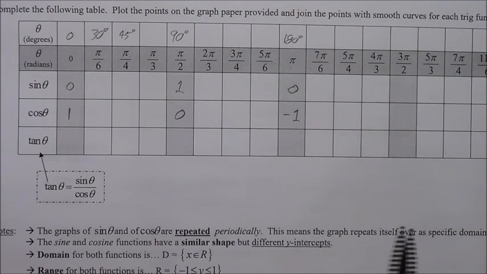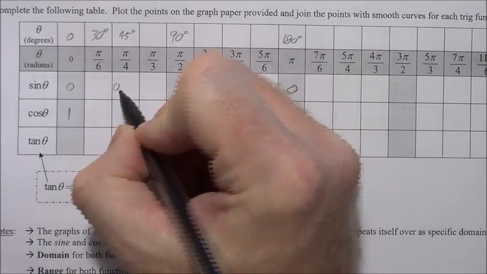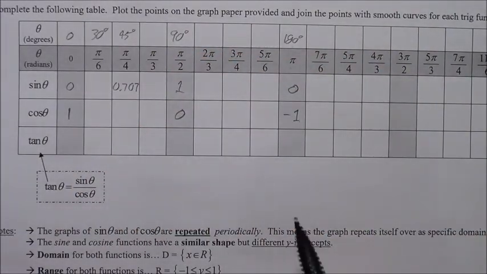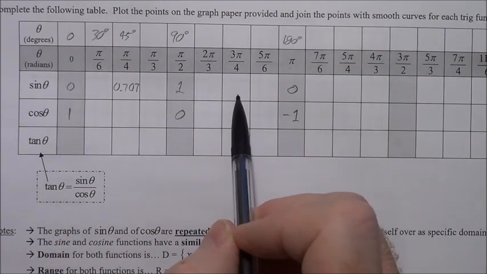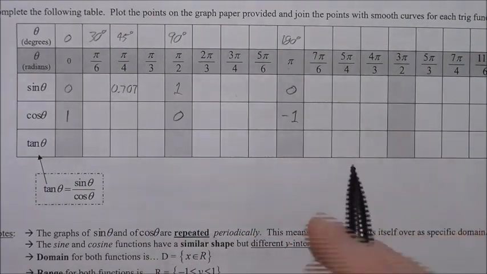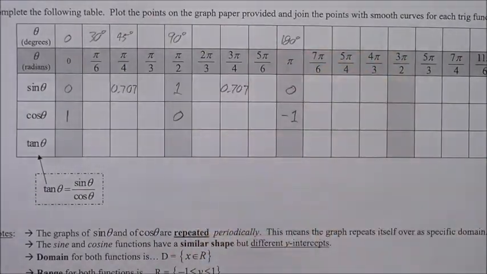So this is one place where I will allow you to use decimal values. So the sine of pi by 4 is approximately 0.707, and the sine of 3 pi by 4 is going to be the same ratio, and in the second quadrant, of course, that's where sine is positive, so it's also going to be 0.707.